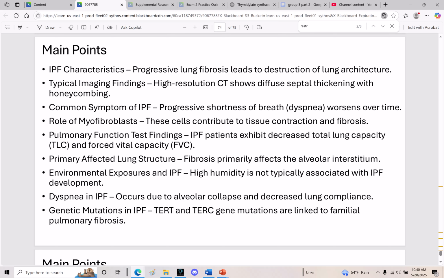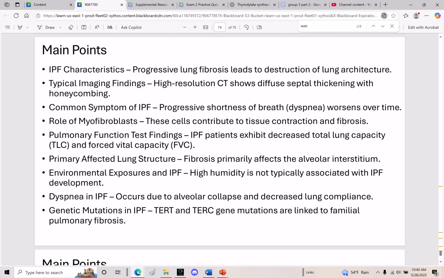These are the cells that contribute to the process of contraction, right? When they function correctly, they allow the lung to expand and collapse. However, if you have them in tremendous numbers, that's what's going to lead to fibrosis, right?